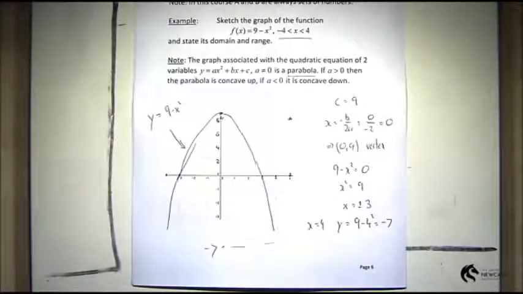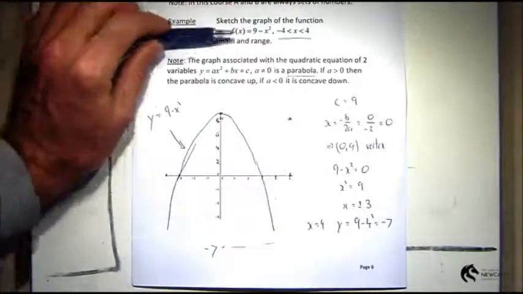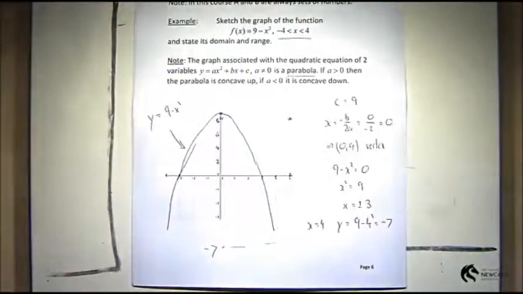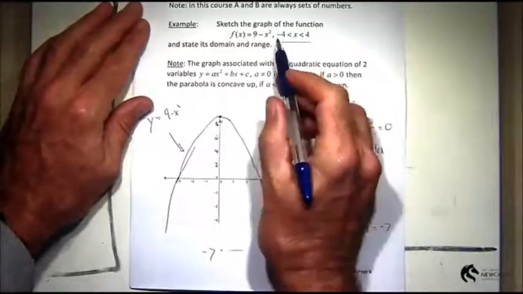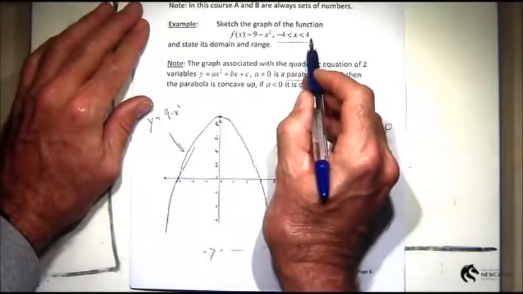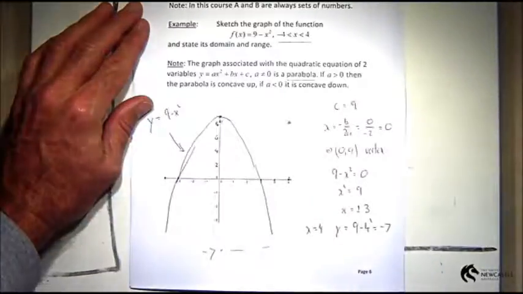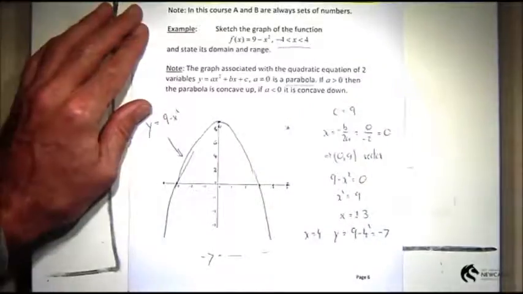Okay, so armed with that graph, well, it told me to sketch the graph, so I did that. But I can also now see the domain and the range in here. In this case, they said sketch the graph for x values between -4 and 4. So that's my domain. They're the x values that we've chosen. Now, interestingly here, this has got a just less than rather than less than or equal to.